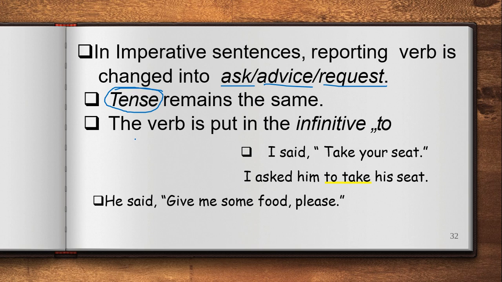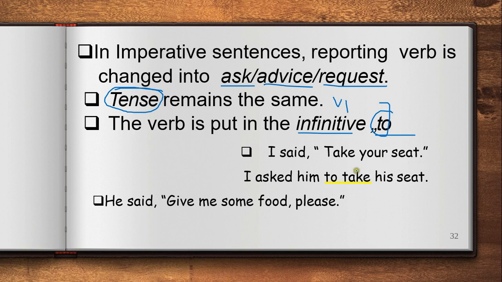Okay, let's take a look at the example. Oh yeah, one more thing. The verb is put in infinitive, verb 1. If there is verb 1, you have to add to. Example. I said, take your seat. That's a command, right?